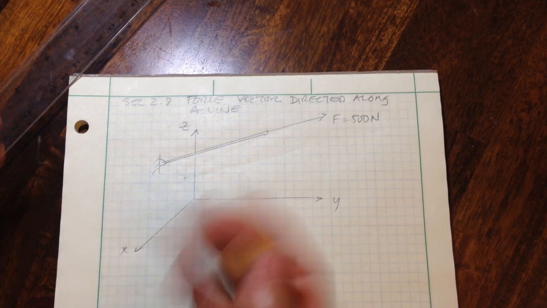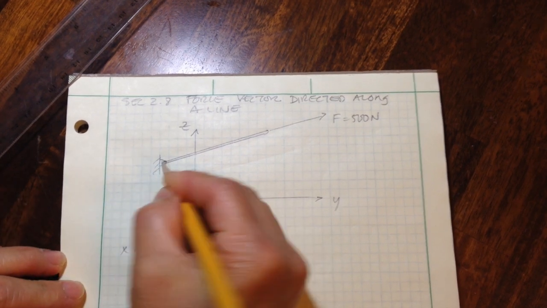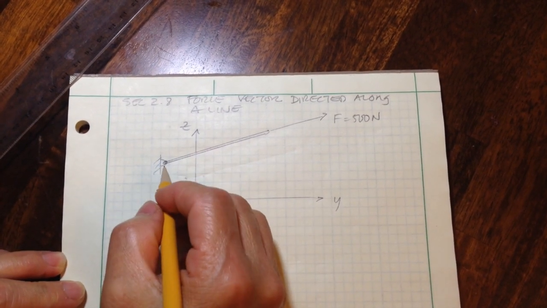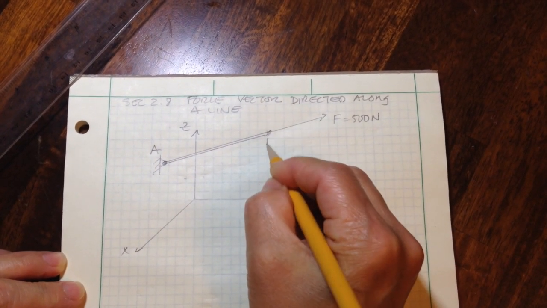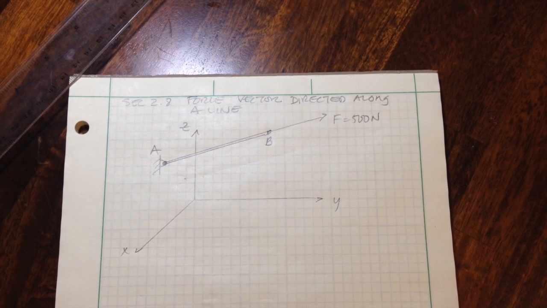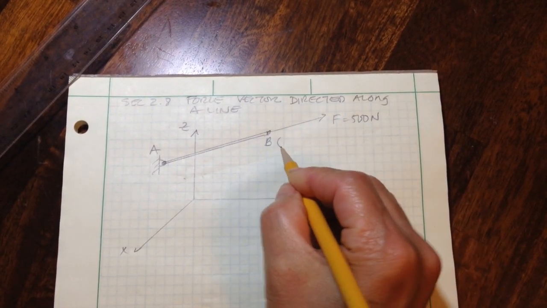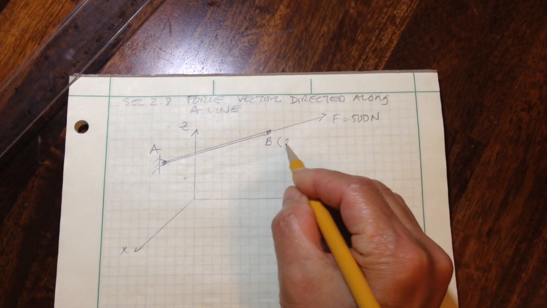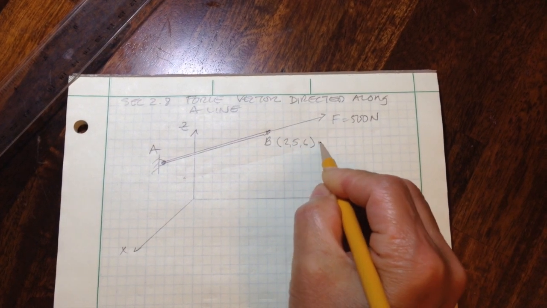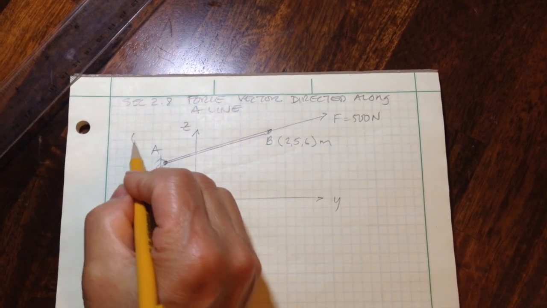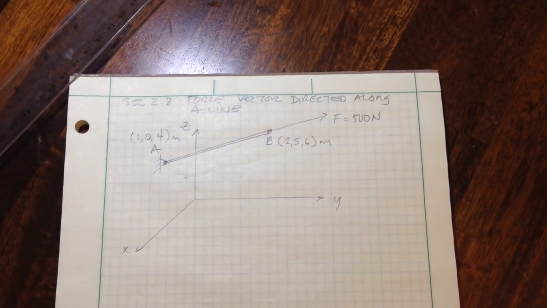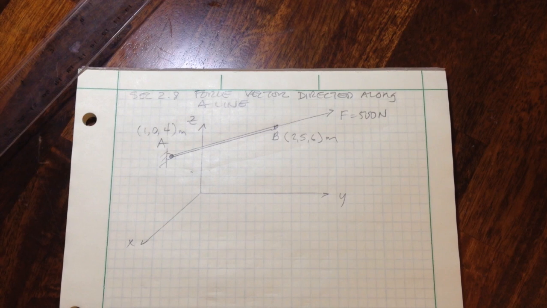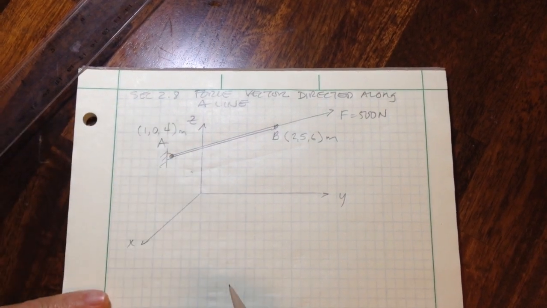And let's say we have some measurement device and we can actually find the position coordinates for point A as well as point B. Let's say for the sake of conversation, those coordinates are 2 meters, 5 meters, and 6 meters for B, and 1 meter, 0 meter, and 4 meters for point A. So the objective for this section is this.